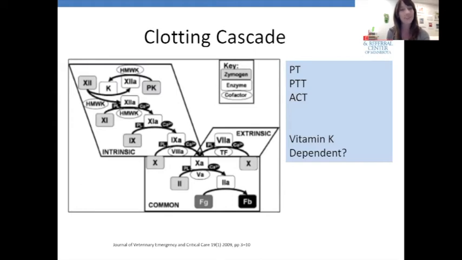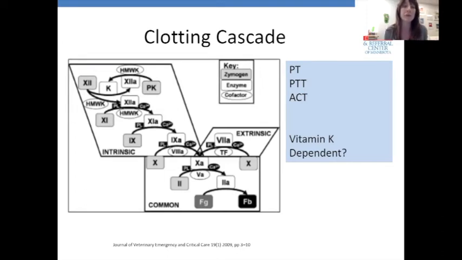And if you look at this chart of the cascade model, really there's a lot going on here. And you would think that if there is a deficiency in one of these factors, for example, it completely collapses the whole cascade.